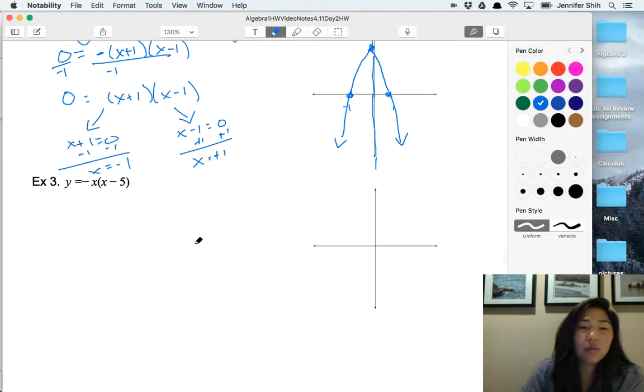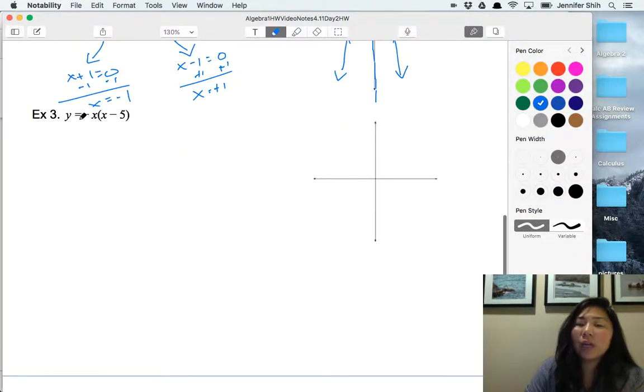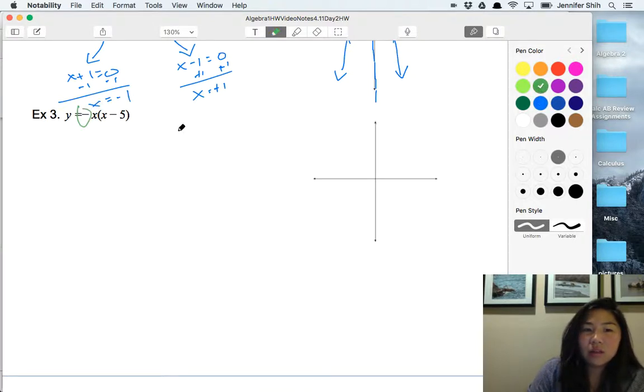Let's do this once more. Example 3 looks kind of weird. All I know so far is that it's concave down, and I'm going to set my y value equal to 0 so that I can find my solutions.